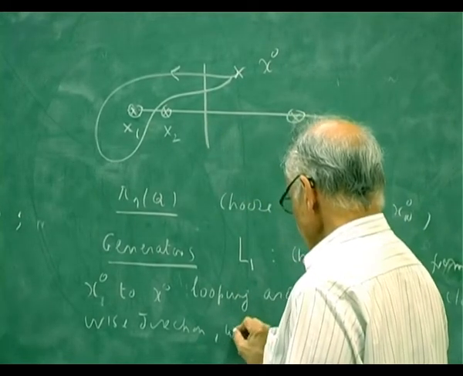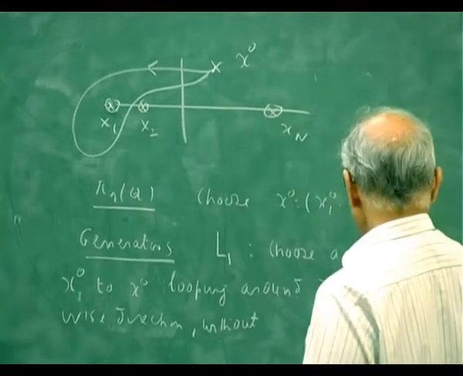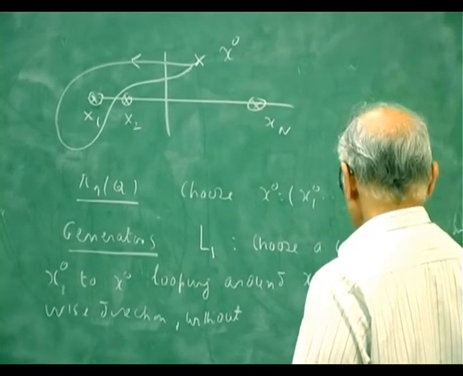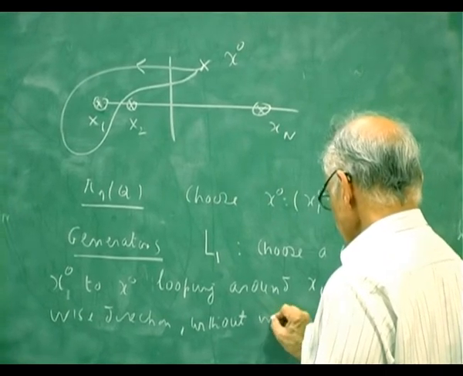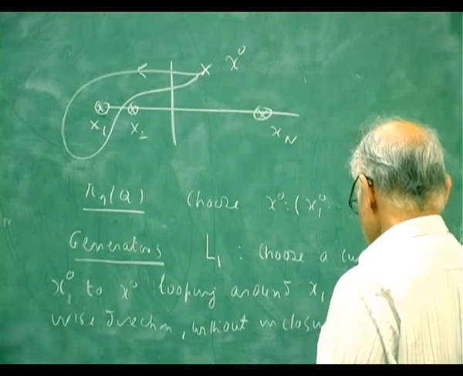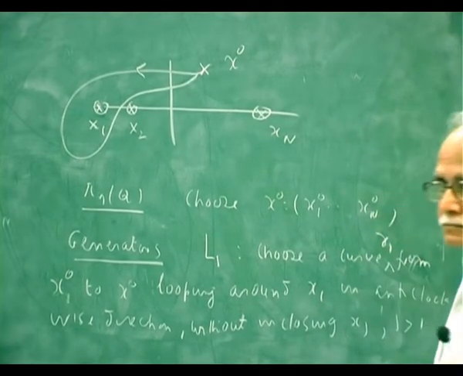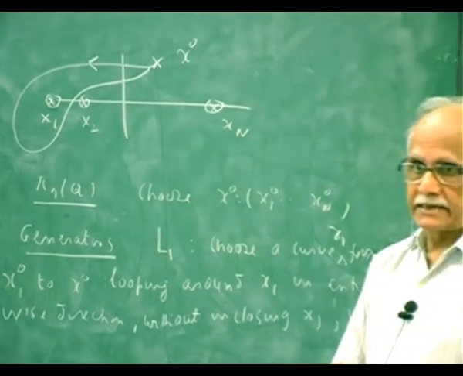Without enclosing xj, j larger than 1, choose a curve gamma 1. So none of the other points are inside it.